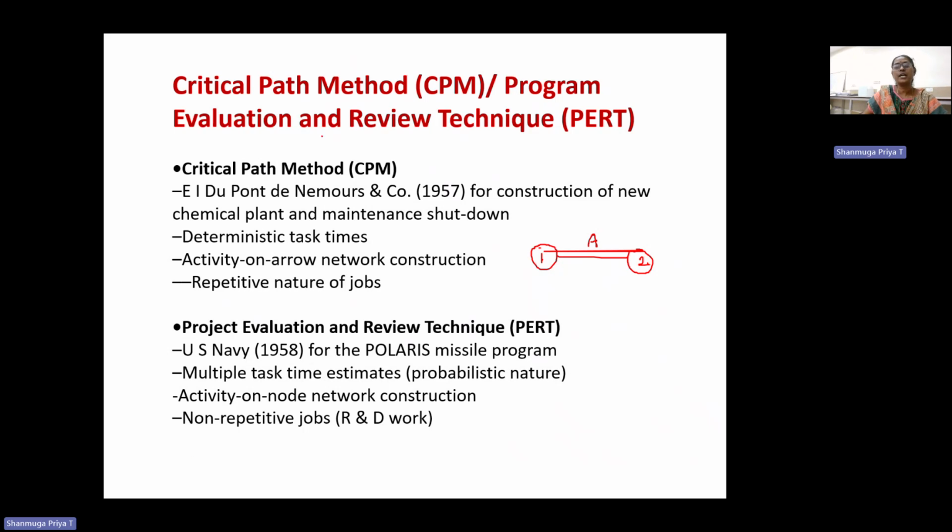There are three types of estimates: the optimistic time, the pessimistic time, and the most expected time. Like that, it is mentioned as a three-time activity. Similarly, this will be represented with the activities mentioned in the node, not on the arrow mark.